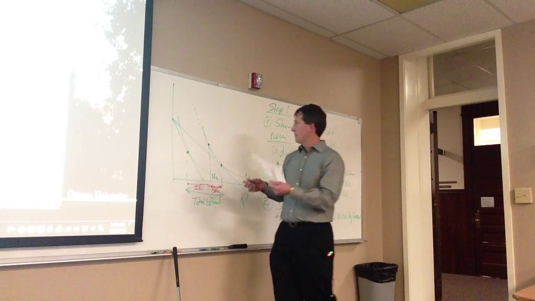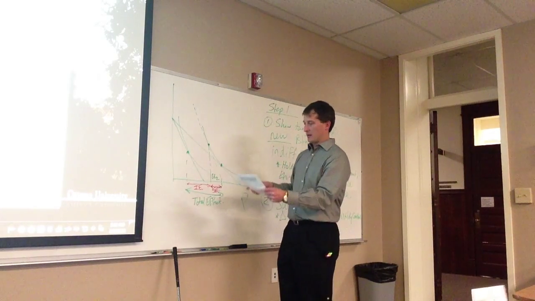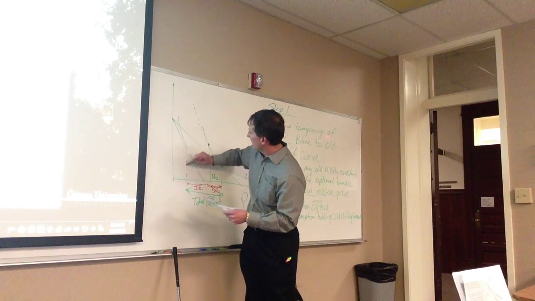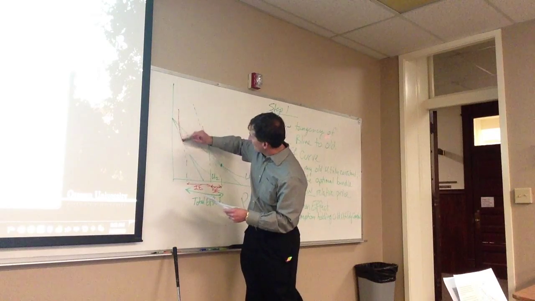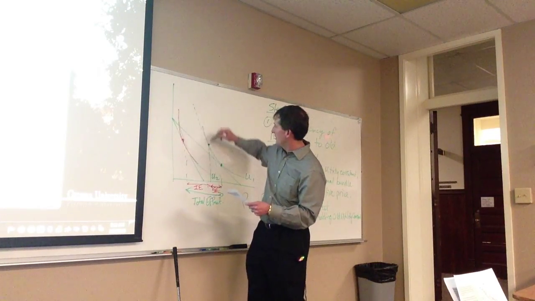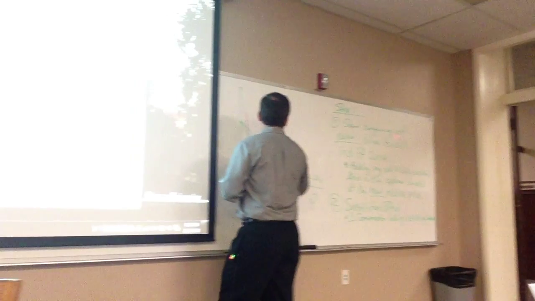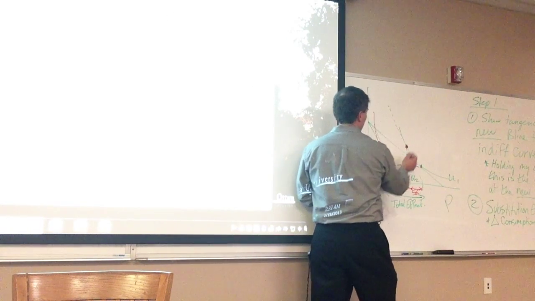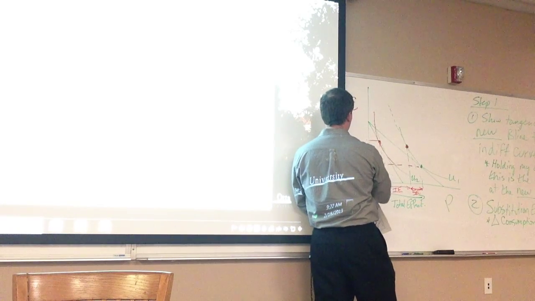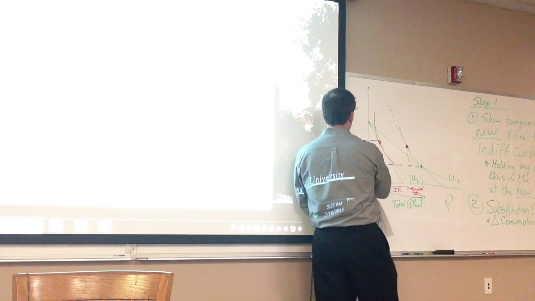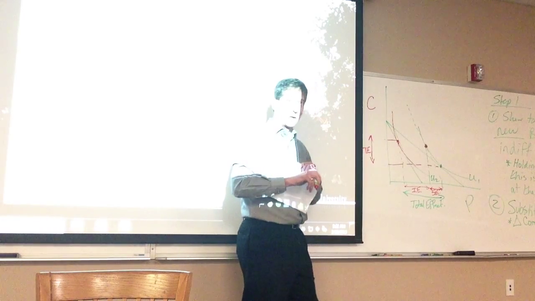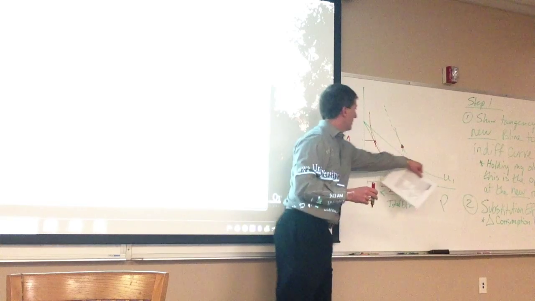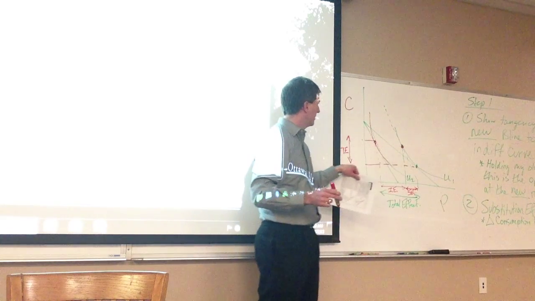I didn't draw it as well as you guys have, I should have changed this a little bit, not what's on the sheet. My indifference curve actually looks something like this. Your total effect on your cake axis was here, which you guys have. The total effect on the change in cakes went from this level to this level.